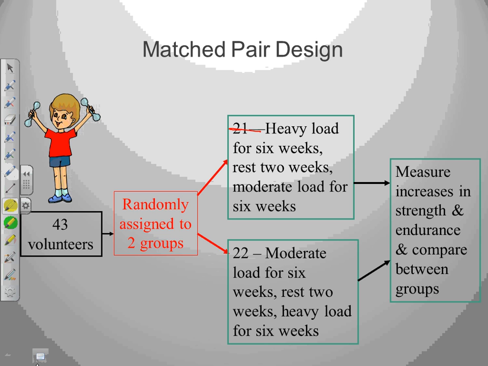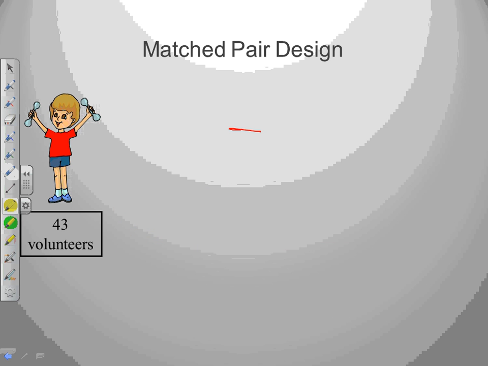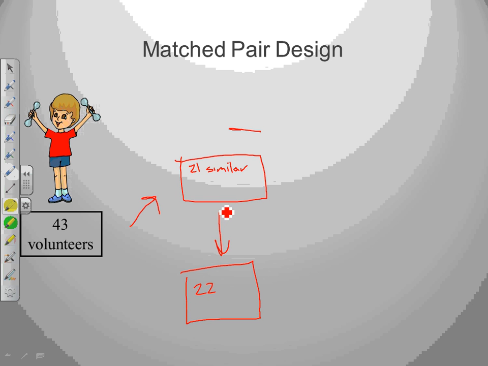What I would do, probably not this. I like what we were saying is we were going to take the 43 volunteers and we can match pair this by doing 21 similar people to the 22 people. Or I could just say that these people are similar, like this.